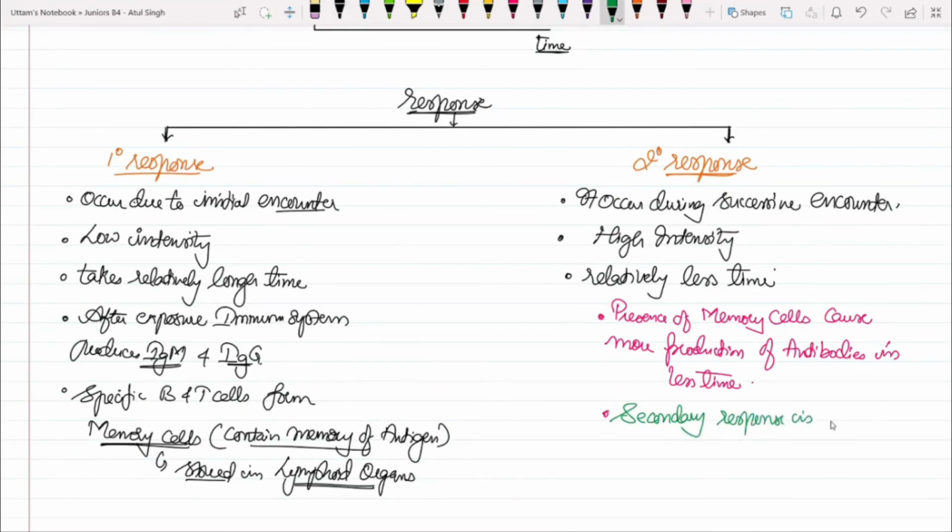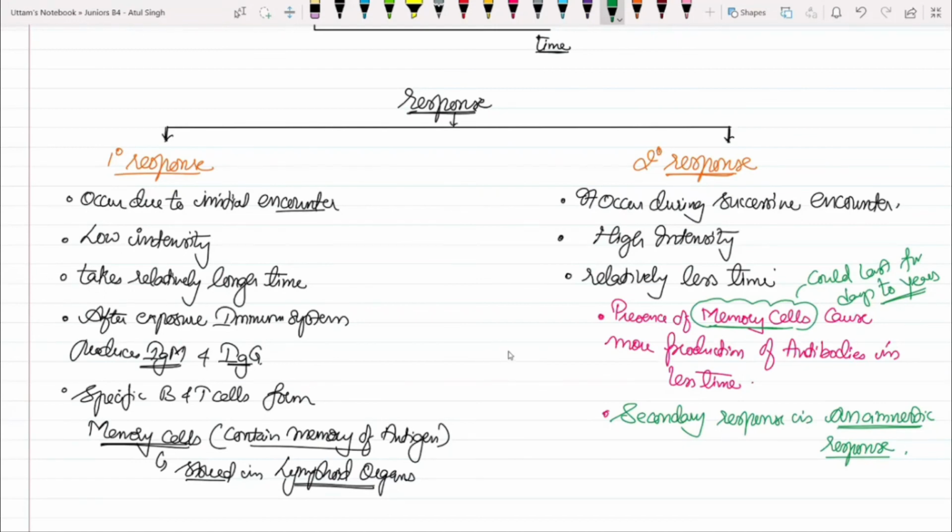Anamnestic means heightened response, so a very high response will be shown, right? These memory cells could last for days to years. Some memory cells could be there for lifetime also.